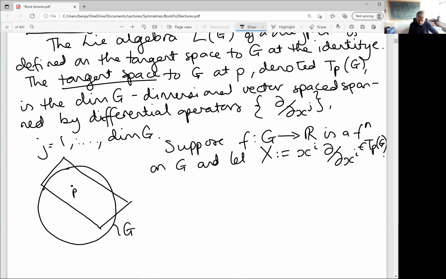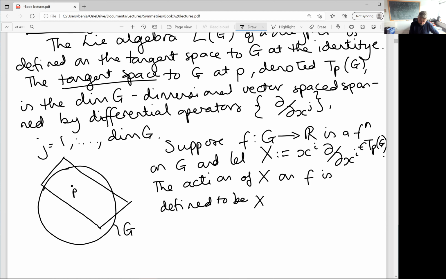So the action of X on our function f is defined to be Xf equals x^i d by dx^i of f, at x equals the point P.